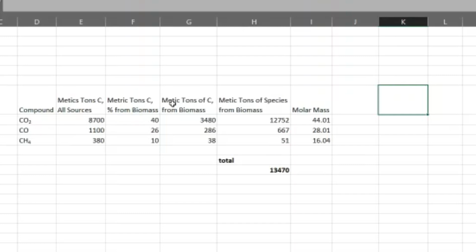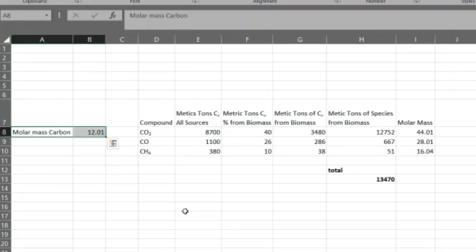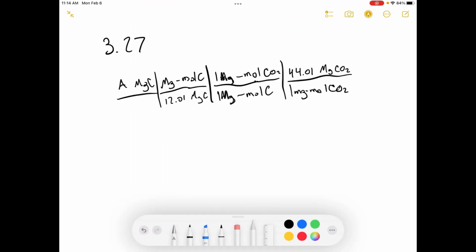Okay, for the next part, we now know the metric tons of carbon from biomass. We need to turn these into the species. In order to do that, we need to know the molar mass of the species versus the molar mass of carbon. Now, if we go back to our writing here, you'll see that what I have written here is how you convert a certain number of grams of carbon into grams of whatever species you're working with.